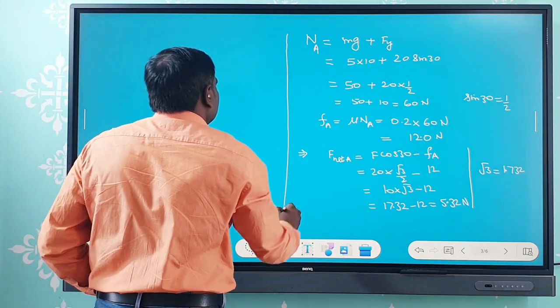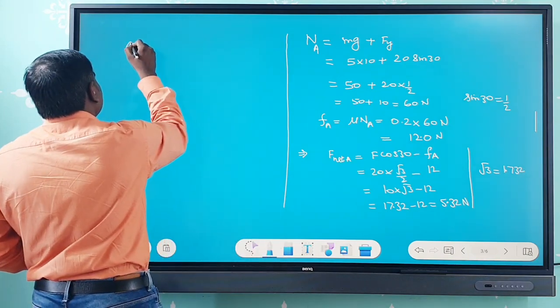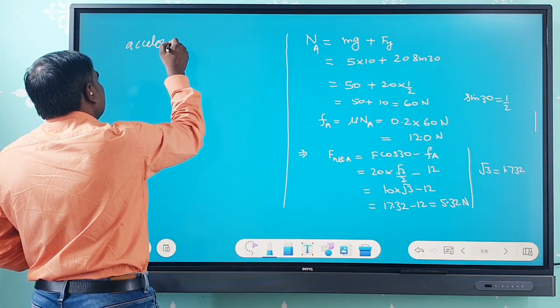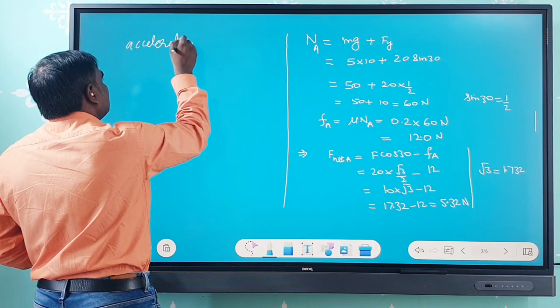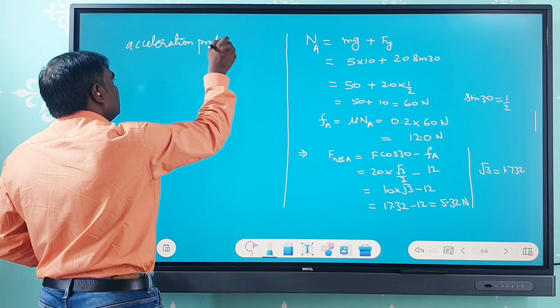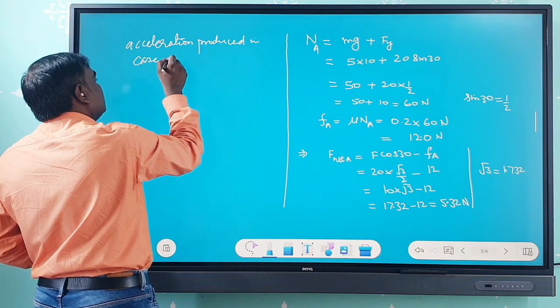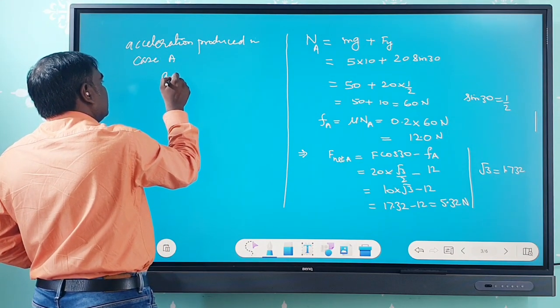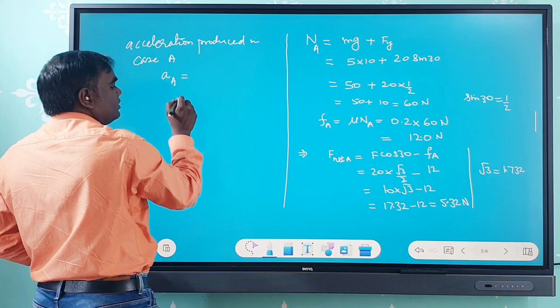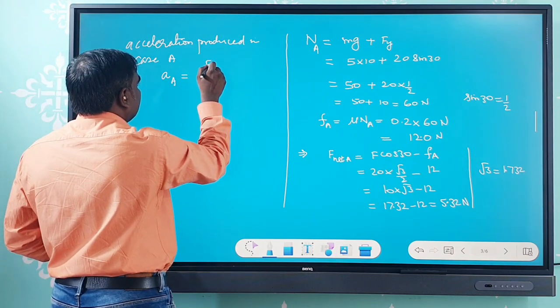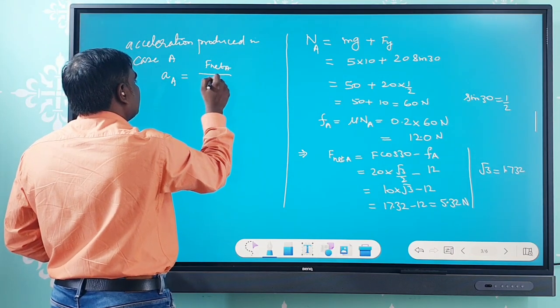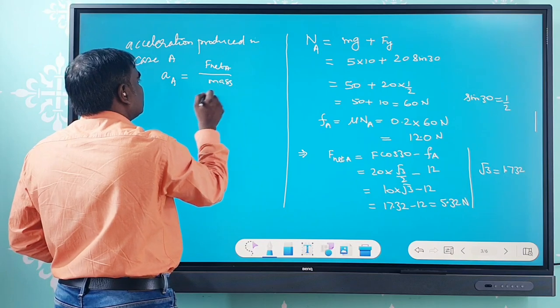So the acceleration produced in case A is equal to F net A upon the mass of the block.